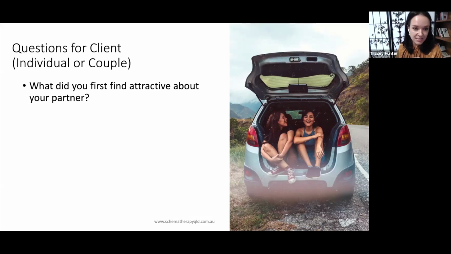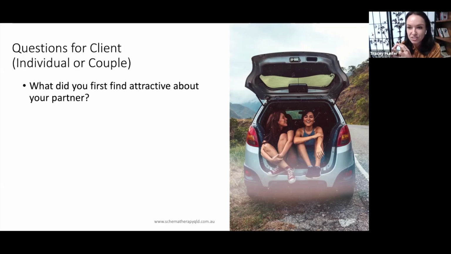Firstly, ask each individual, well, what did you first find attractive about your partner? This helps me to understand if there was even an attraction there to begin with, if they were actually attracted to them in the adult way, like, oh, I desire that person, as opposed to schema chemistry, which is, I just felt really lonely in my life and I was wondering if I would ever meet someone, and then they came along and I felt like they rescued me.